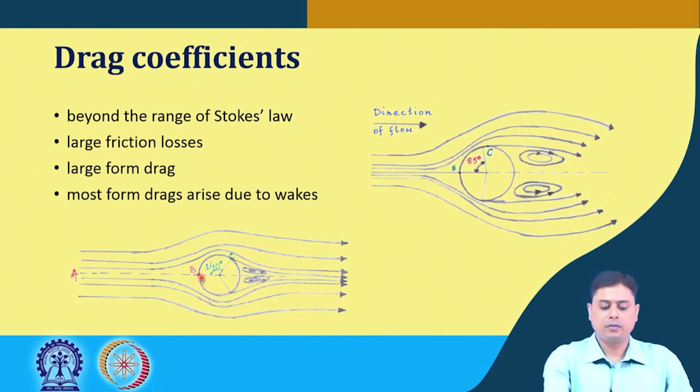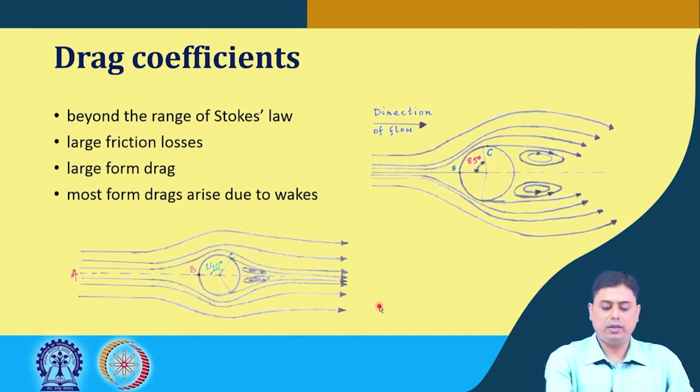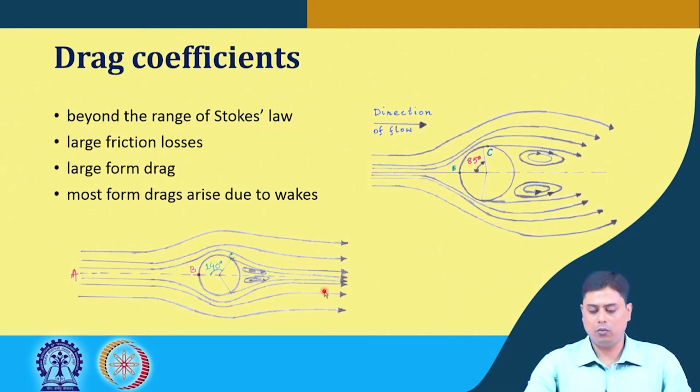So this is the case of laminar flow over a spherical object, and here is turbulent flow across the spherical object, and we can see that the point of separation changes in both cases. The point of separation C shifts from an 85-degree angle to a 140-degree angle, and the detachment of flow happens from this point onward, and wake formation happens in both cases.